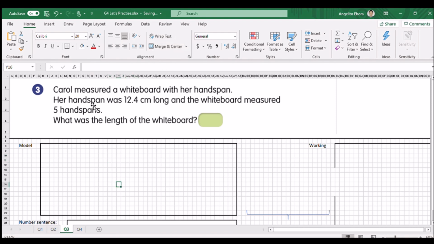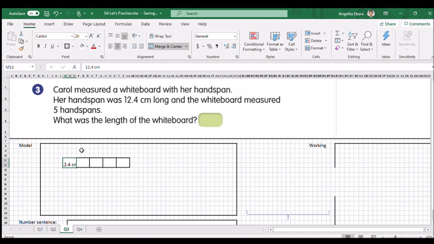It says handspan, right? She measured the whiteboard using her handspan. So let's say this one is the handspan. One handspan, her handspan was 12.4 centimeters long.